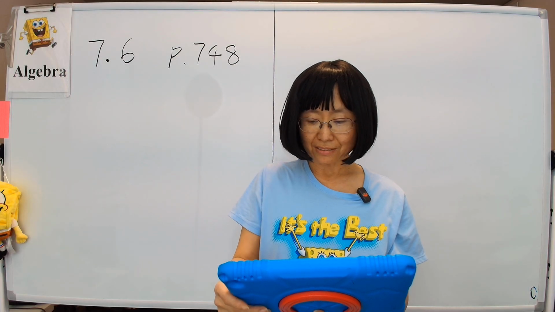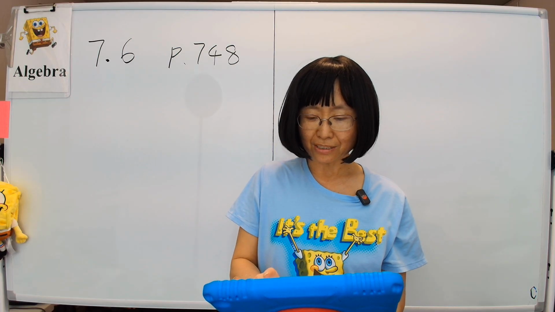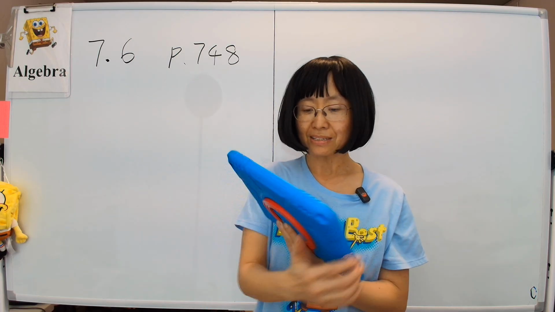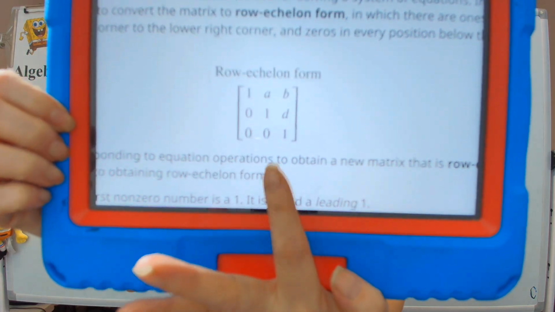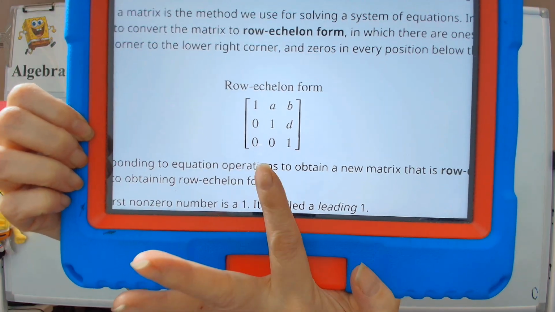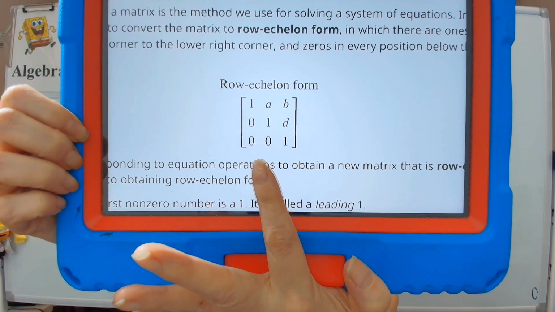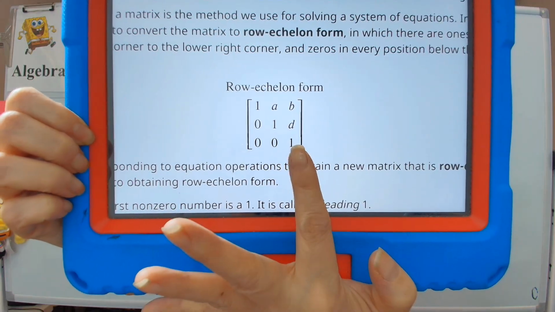So the next thing we're going to do is the so-called row echelon form. What that means is we're going to reduce any matrix into this form, where you have a 1 going across the diagonal down, and then zeros under all the ones, okay? On top of the ones, you have various whatever numbers.